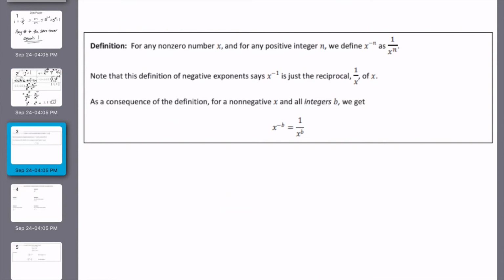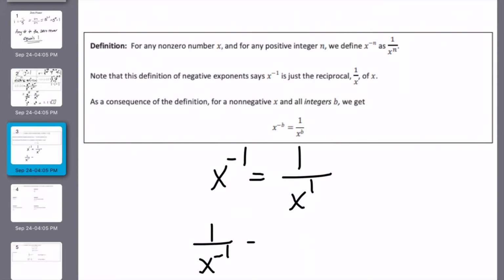So, for example, if I had x to the negative first, this is the same thing as 1 over x to the first. And I'm also going to challenge you in a different way: if I have 1 over x to the negative first, well, that is the same thing as x to the first over 1. Again, it's dealing with reciprocals here, okay?